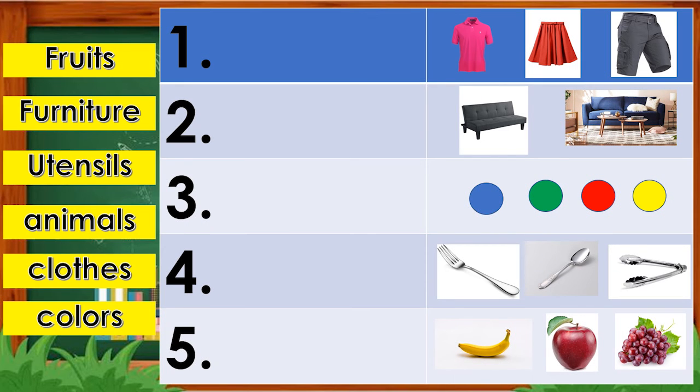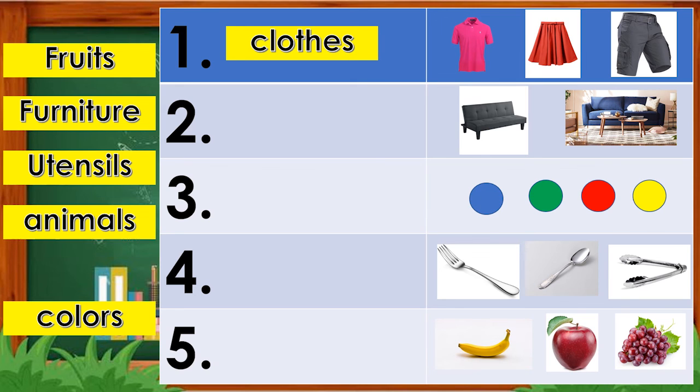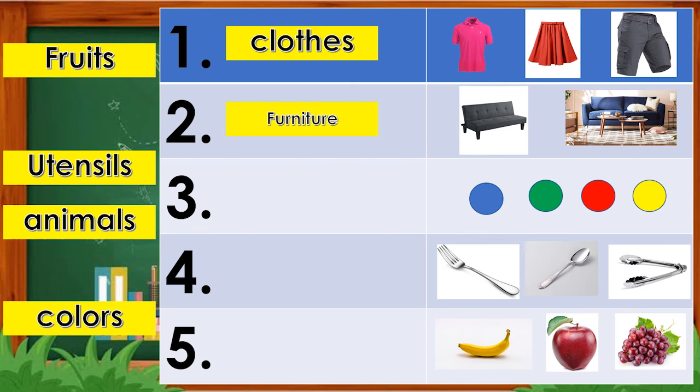Time is over. Now, let's answer the activity. For number 1, what do you think is the answer? You are correct. The answer is clothes. How about number 2? What do you think is the answer? You are correct. It is furniture. How about number 3? What do you call this?